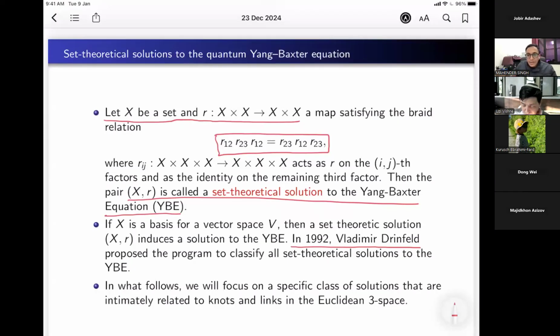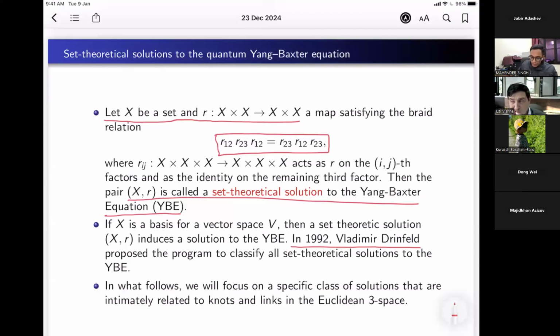And obviously, by linearizing, considering the vector space over X, we get a linear solution to the Yang-Baxter equation. So Drinfeld proposed that we classify set theoretical solutions in order to understand all solutions. And it turns out that a plethora of set theoretical solutions arise from very nice algebraic structures, mostly non-associative.